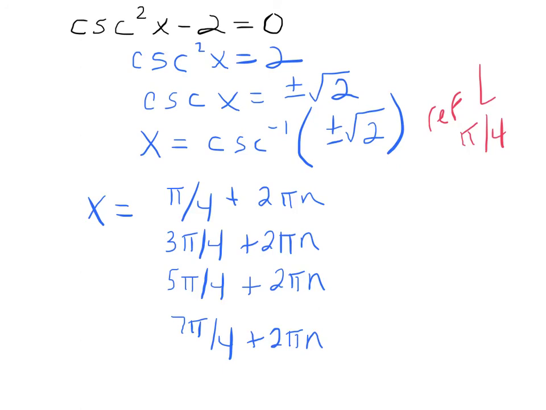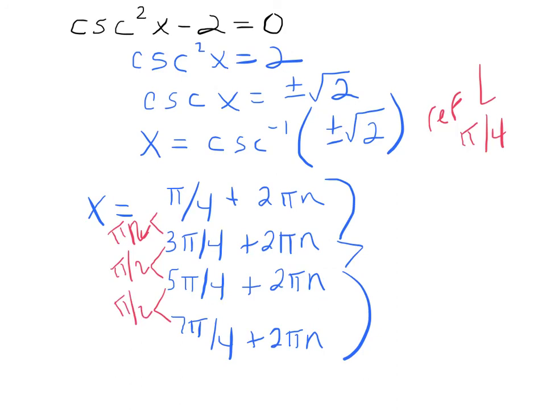Now, if you notice, there's actually a little pattern here. From pi over 4 to 3 pi over 4, I've really just added 2/4, which is pi over 2. To get from 3/4 to 5/4, that's another addition of pi over 2, and there's another addition of pi over 2.